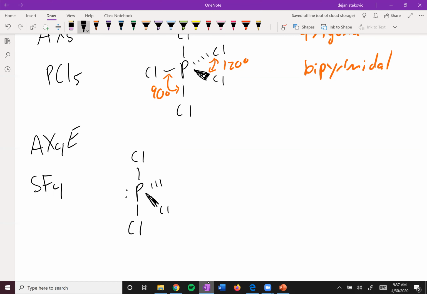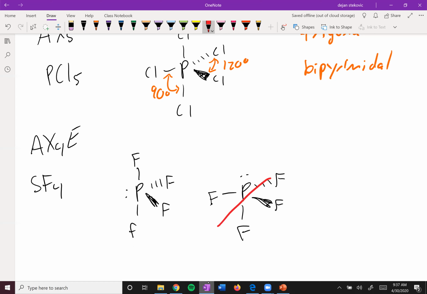So this is correct. Whoops, these are all supposed to be F's. And this one on the right is not correct because you have more interactions between these lone pairs and these electrons.